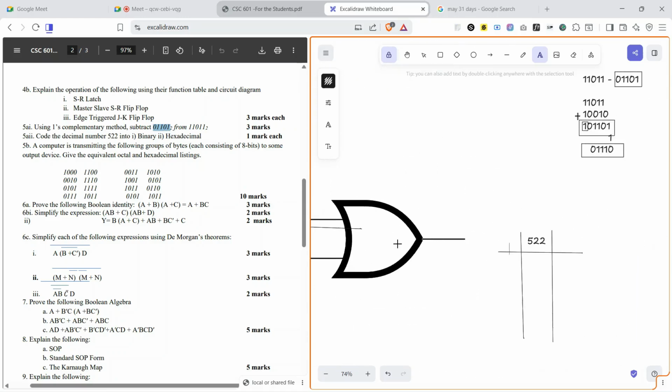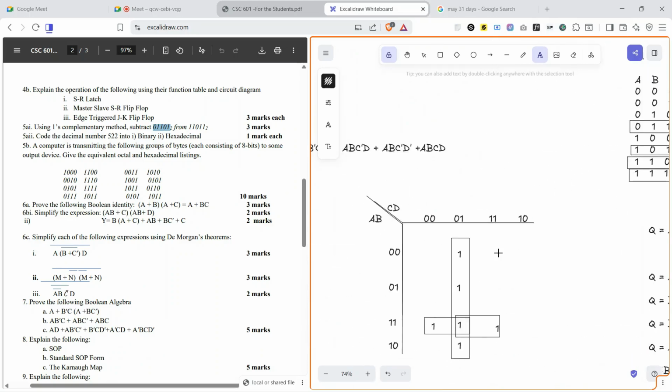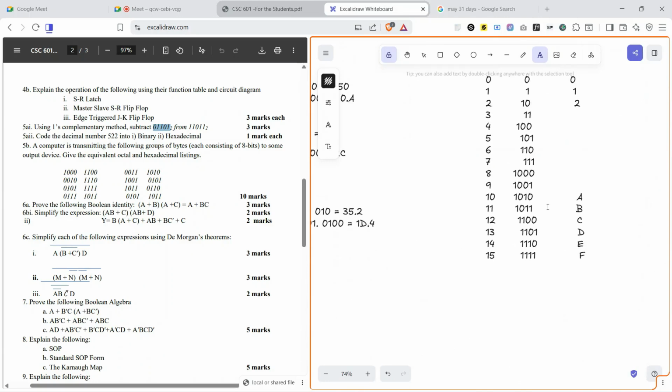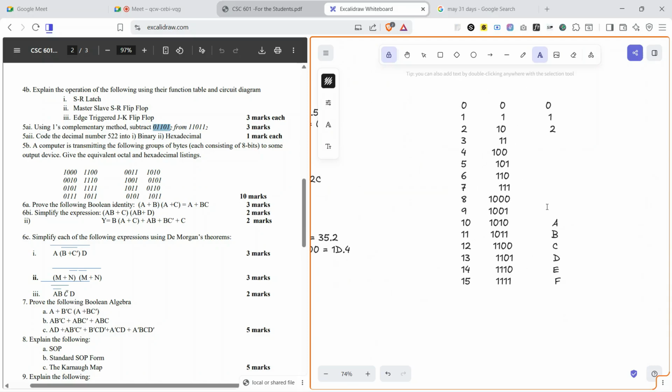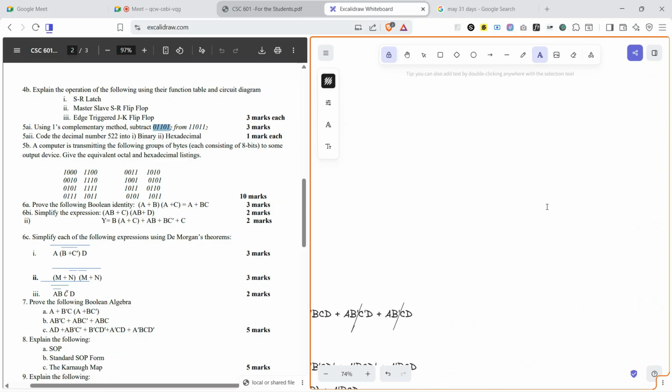After you've gotten your binary number, you can now batch it into 4. Then whatever you get would be the hexadecimal representation of your results.